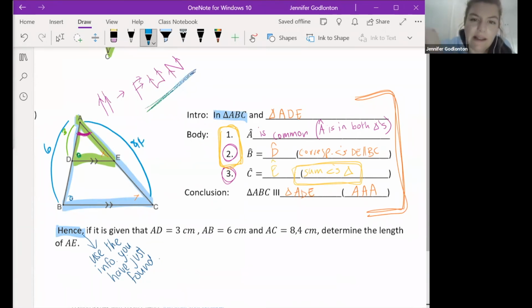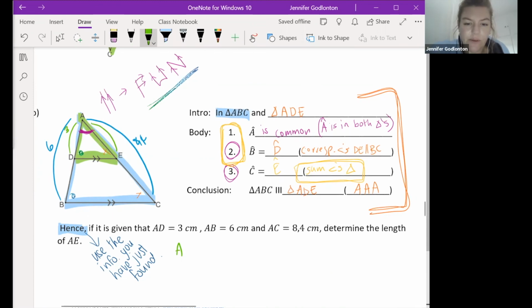And they are wanting the length of AE. So just looking at this, you should be able to see what to do. And then I'm going to show you when it's a little bit trickier. I'm going to show you a trick that you can use. But just looking at this, can you tell me what AE is equal to?